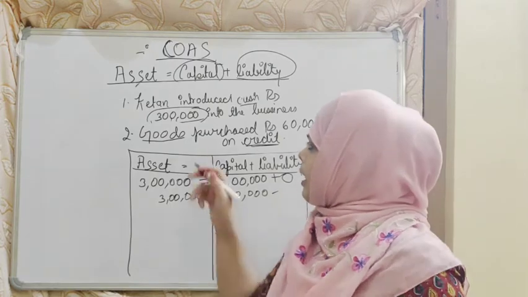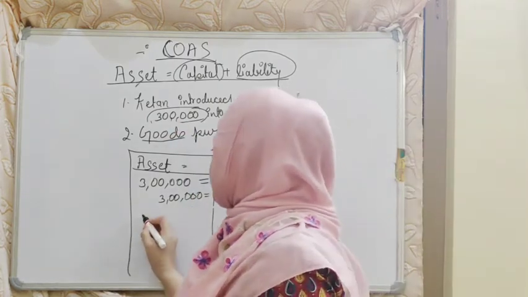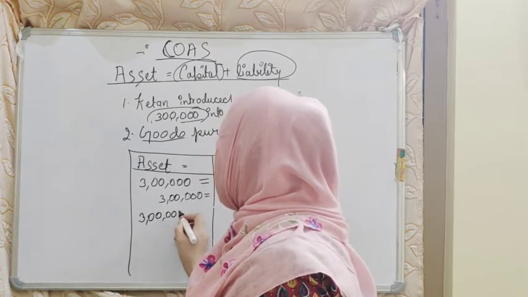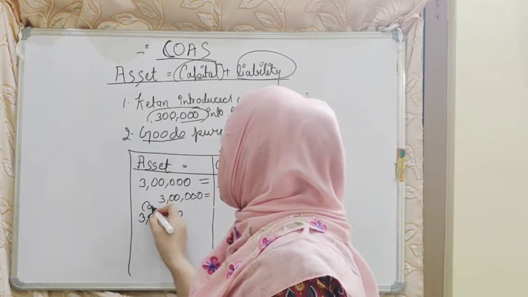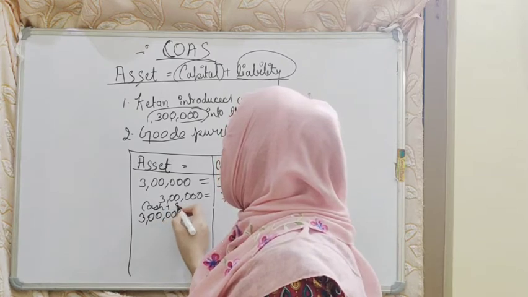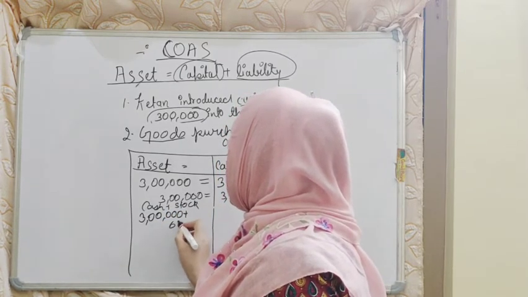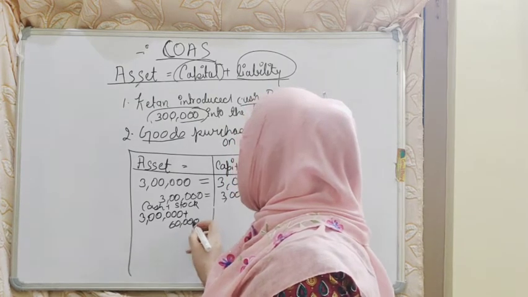So we can write, we already have the 3 lakhs of cash plus stock of 60,000.